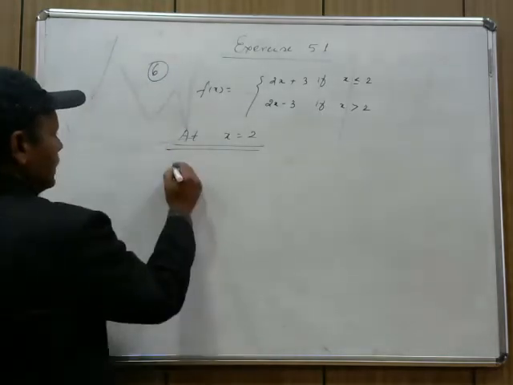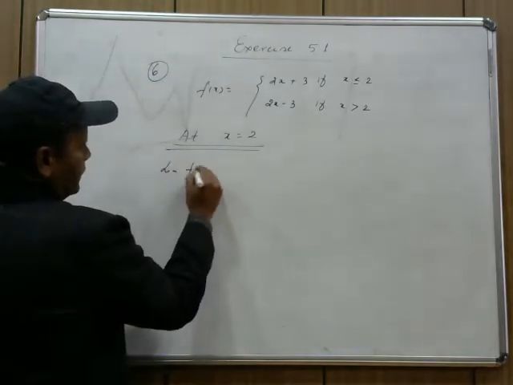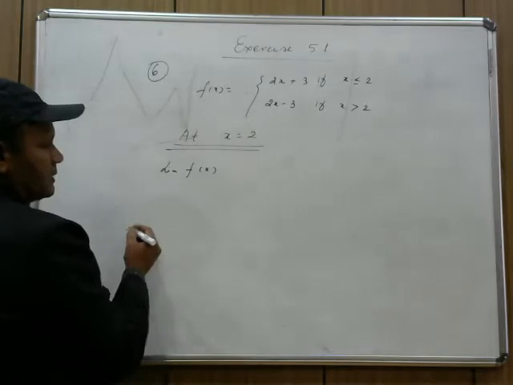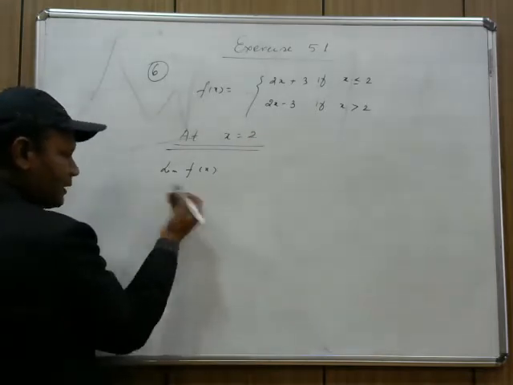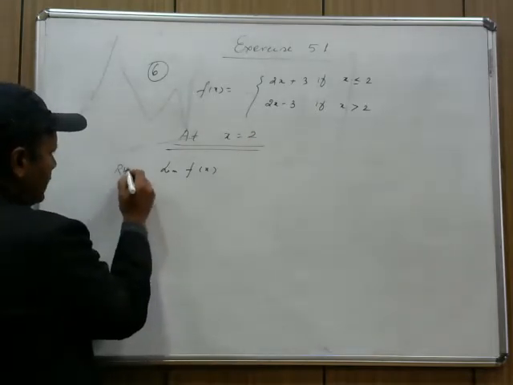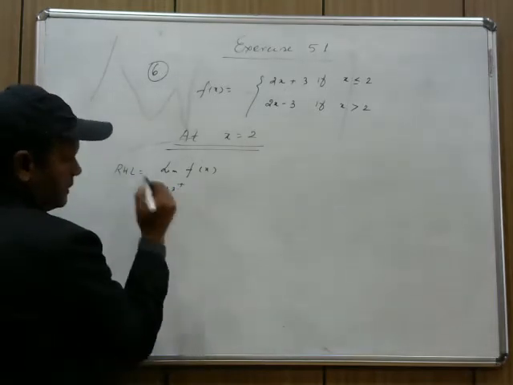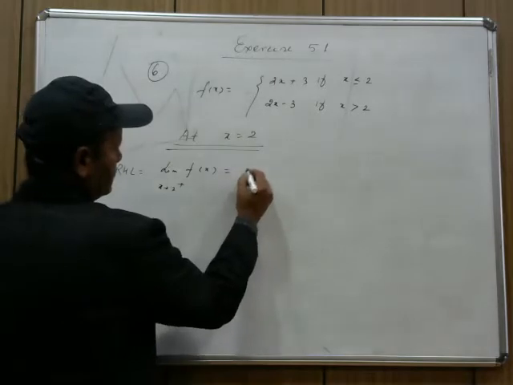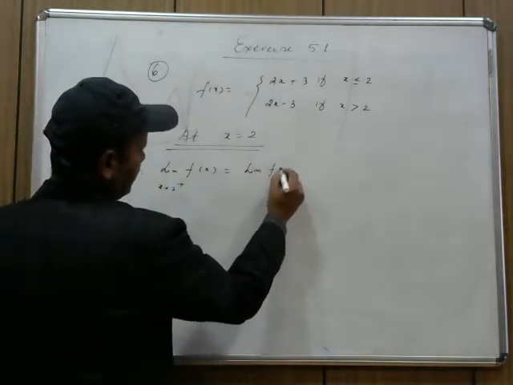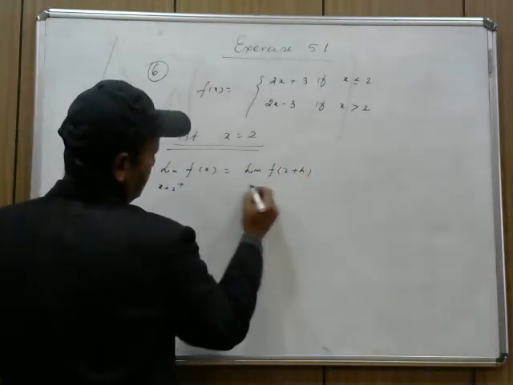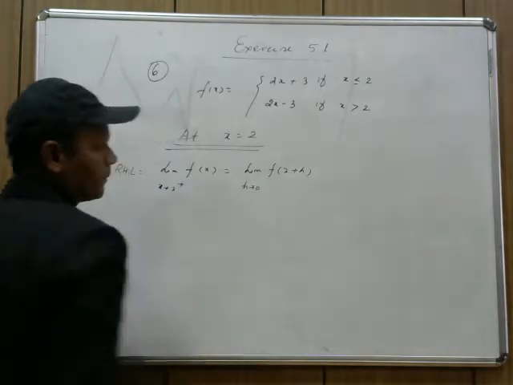That means limit of the given function f of x at x equal to 2 for the right hand limit. I will write here right hand limit is equal to x tends to 2 plus. So now this becomes limit f of 2 plus h, limit h tends to 0.